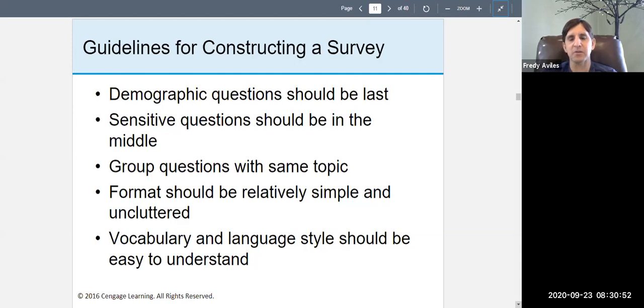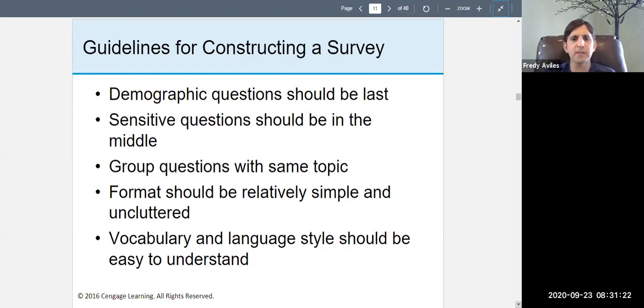Questions that ask about similar things should be put together. That's what that means. If there are questions that all have to do with something else, like the means by which you acquire information, through the internet, through your smartphone, through a tablet, through a computer, those ask similar questions. Those would all be together as well. I'll show you some examples later on when I'm done with the lecture.